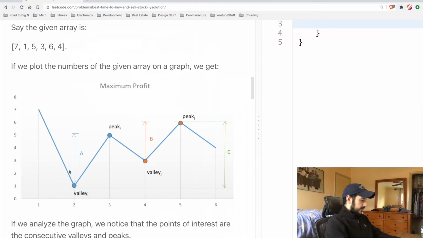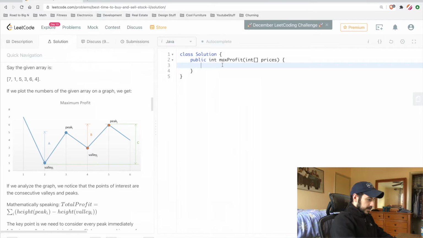Here there's no increase from index 1 to 2, so we move previous up to 2 and current up to 3. And we see there's an increase here, which we calculate by taking current minus previous. Then from here, we just keep going and keep calculating these increases. And that's it. So let's go ahead and get coding.